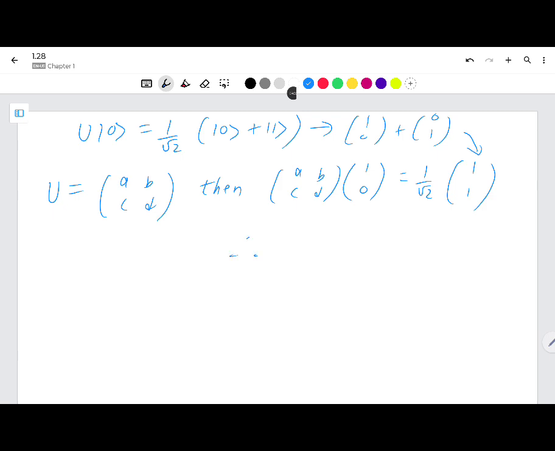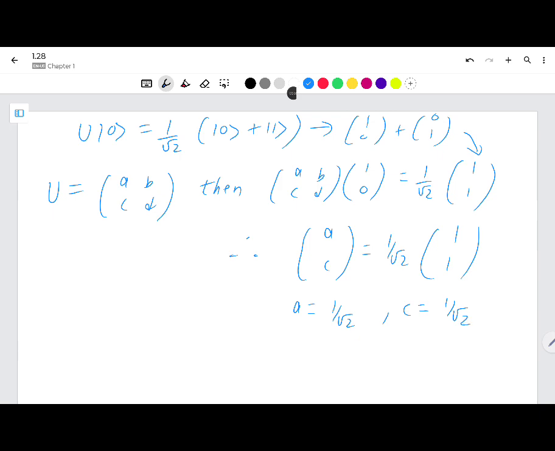So this gives us A, and there is C, which is 1 by 2 times 1 1. So from this we can conclude A is 1 by square root of 2, and C is also 1 by square root of 2.